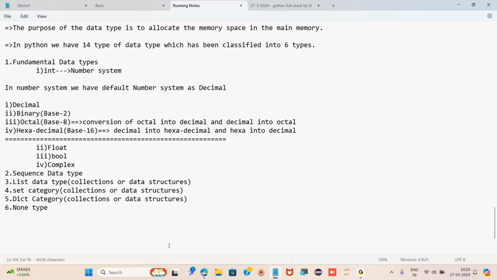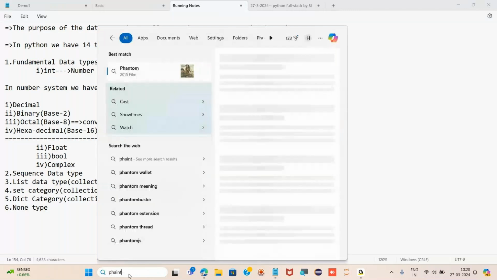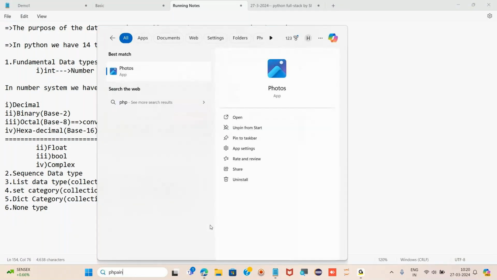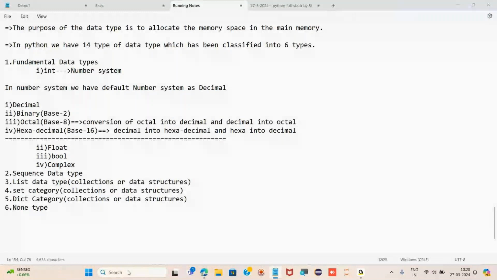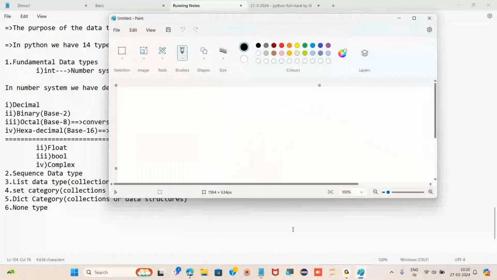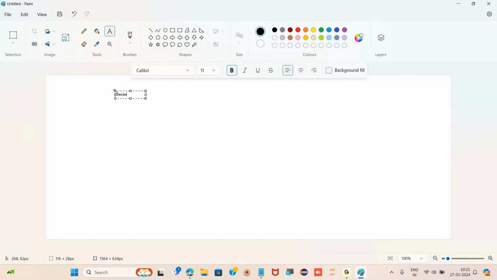Let me share one thing. Now we are going to see decimal into octal, and afterward octal into decimal.